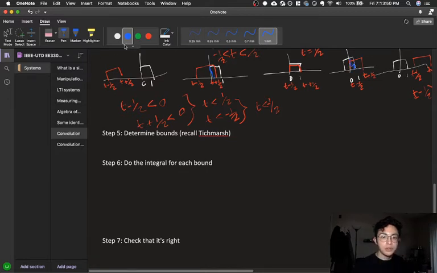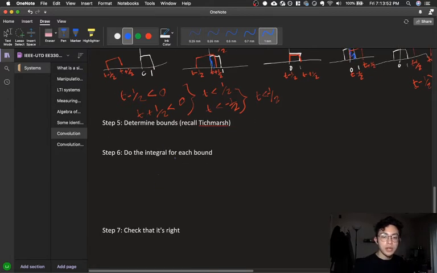Just to do those real quick, I'm going to show you that y2 of t is equal to the integral from 0 to t plus 1/2 of 1 dt. And that's just t plus 1/2.